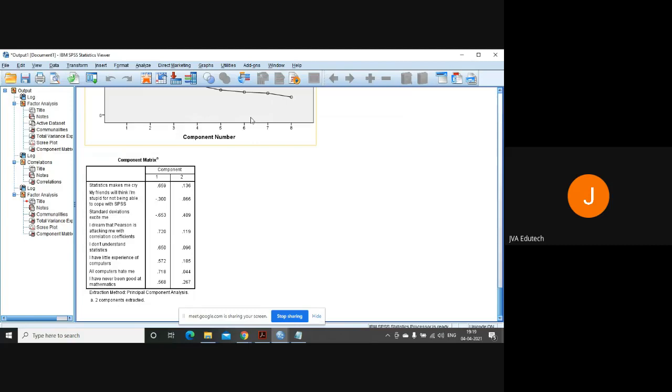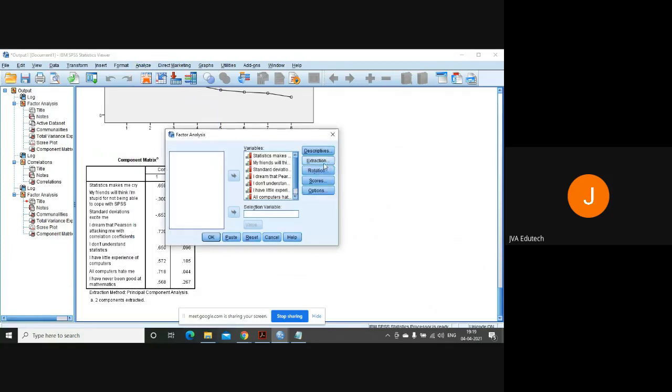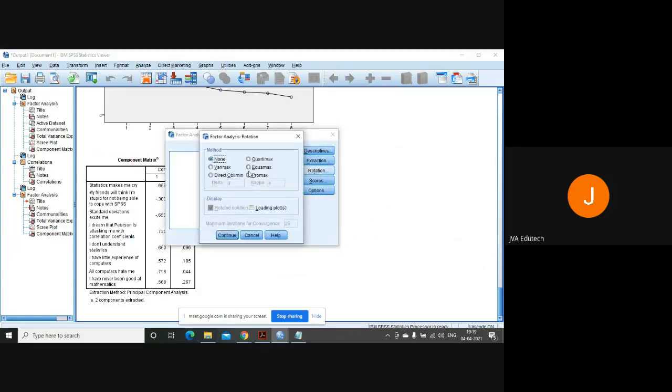So let me show you. If you go to Analyze, Dimension Reduction, Factor, after extraction will come the rotation, and you will find Varimax, Direct Oblimin, Quartimax, Equamax, Promax, all these things.